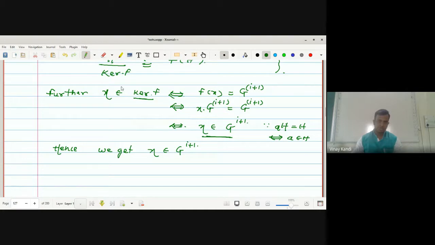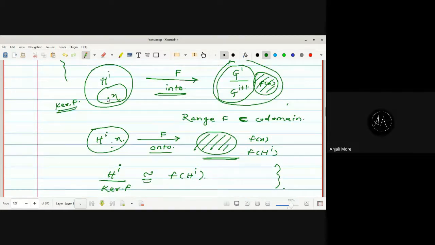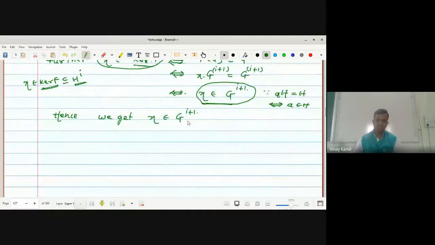If x is in kernel of f, then x belongs to g raised to i plus 1. Look here, x belongs to kernel of f. But what is kernel of f? Kernel of f is a subset of the domain. What is the domain? The ith derived subgroup of h. Is it correct? So this x is in g raised to i plus 1 and also in h raised to i. What is h raised to i?